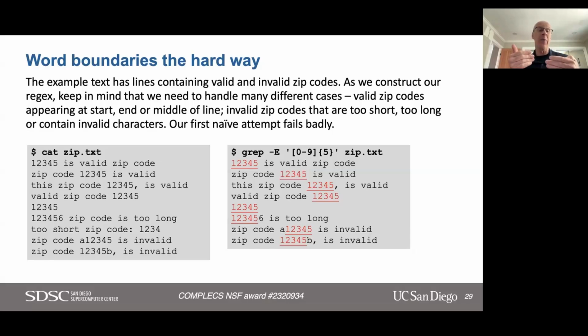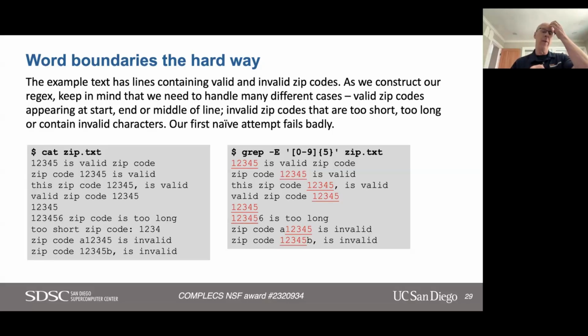So our file is going to start off with some valid zip codes. 12345 is a valid zip code. Zip code 12345 is valid. This zip code 12345, comma, is valid. Valid zip code 12345, and then finally just the zip code by itself on a line. Now the next 4 lines all have invalid zip codes.